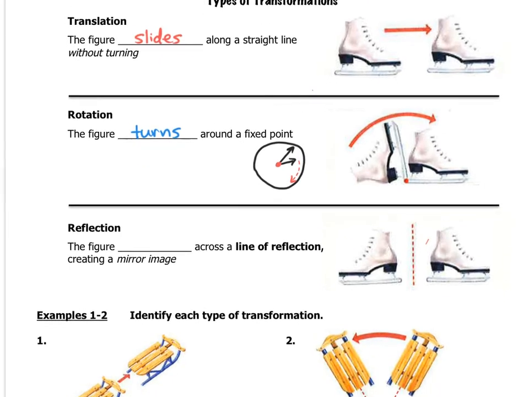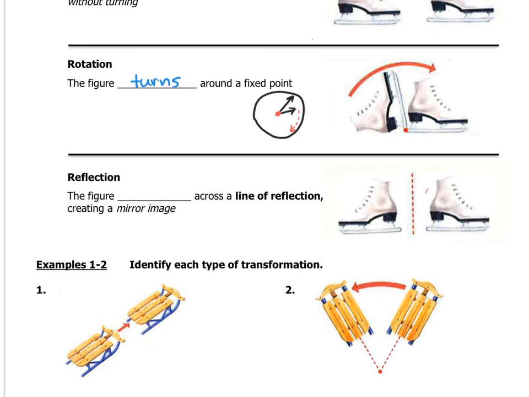Finally, we have what's known as a reflection. In a reflection, the figure flips across what's known as a line of reflection, creating a mirror image. So look to the right. We have a picture of another ice skate here on the left, and on the right is the image of this ice skate flipped across this imaginary line of reflection.